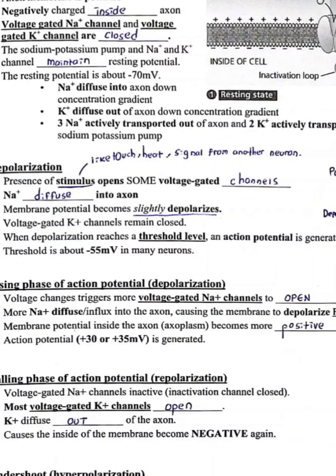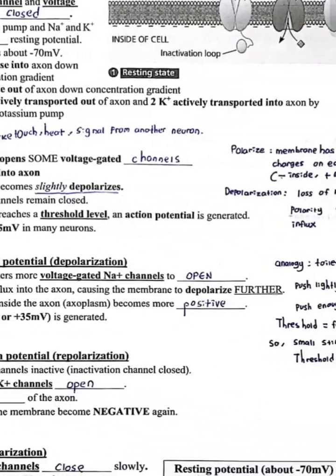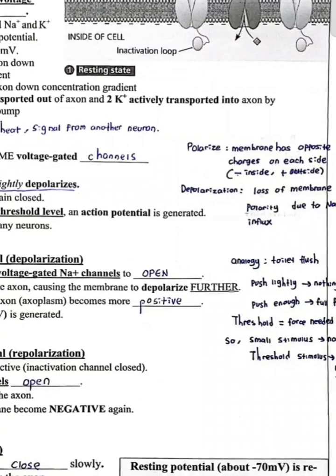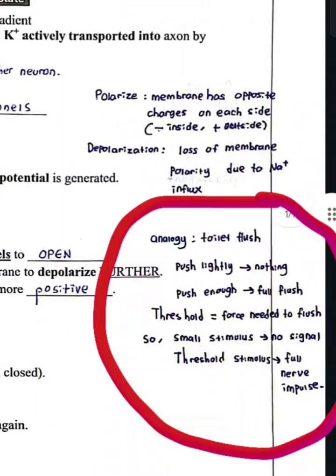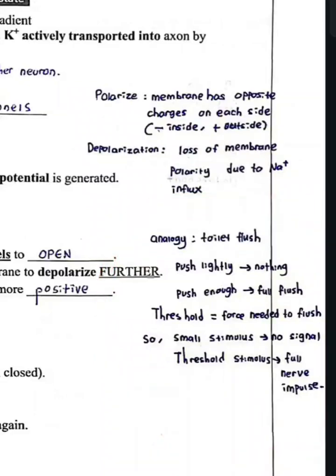But if you still don't understand what a threshold level is, I have an analogy for it. It's like flushing a toilet. When we push the toilet lightly, nothing happens. But when we push it with enough force, there will be a full flush.